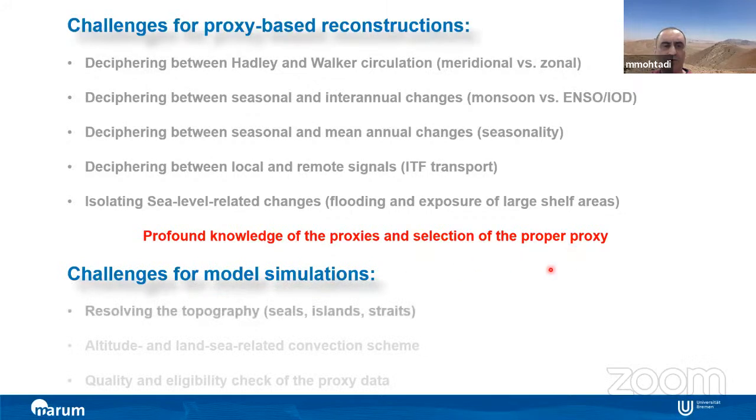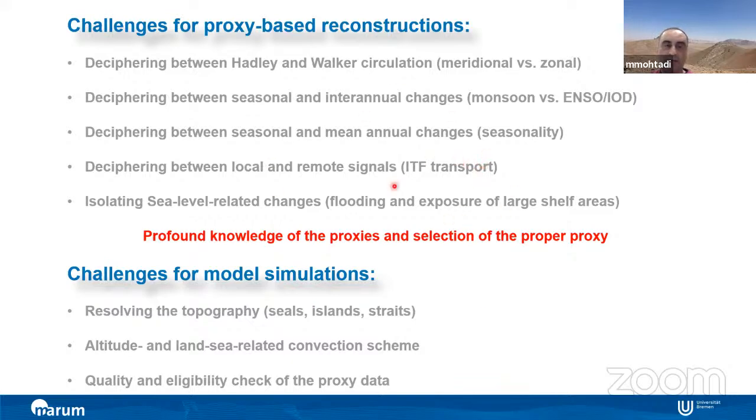Challenges for the model simulation, as I mentioned before, are to resolve the topography, so a better resolution of the models, to solve that convective issue, higher rainfall, altitude-related rainfall, and basically to check the quality and eligibility of the data when comparing with the data.